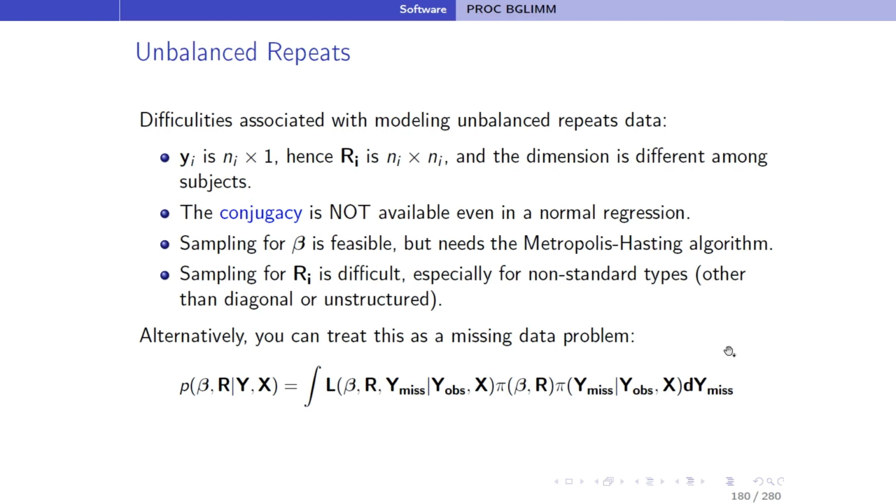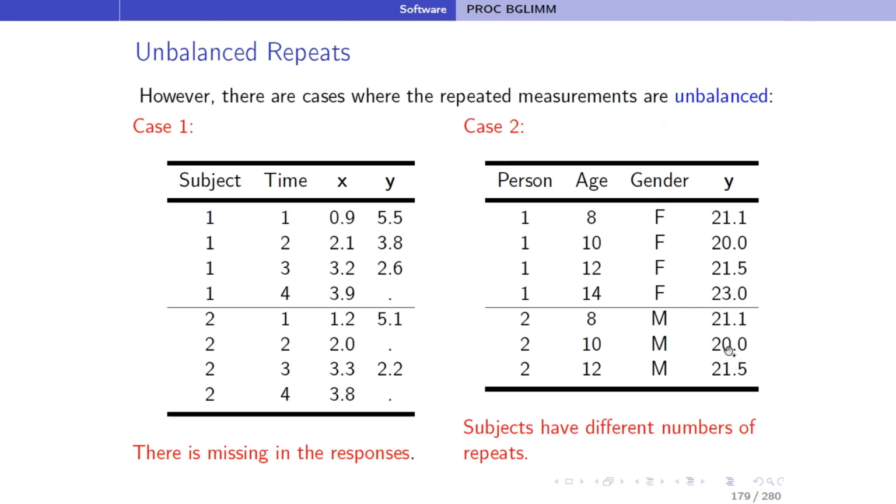That's the power of the Bayesian approach: where you don't see y, you can assume that y came from a missing value. They are jointly 4-dimensional normal, but you just have a missing value that can obtain information from within the group and between the groups.